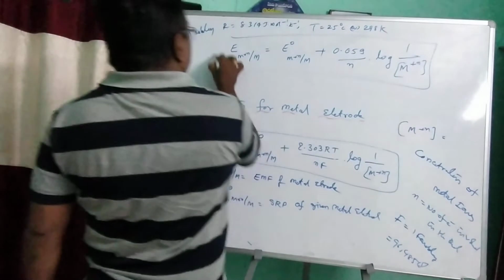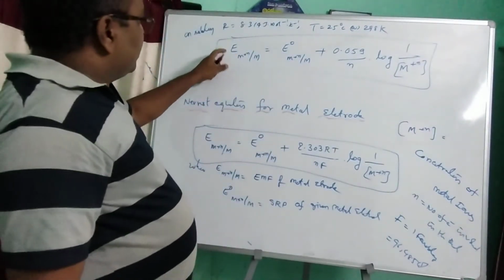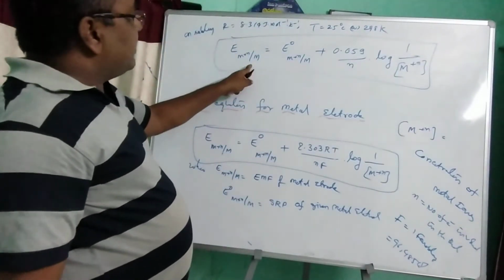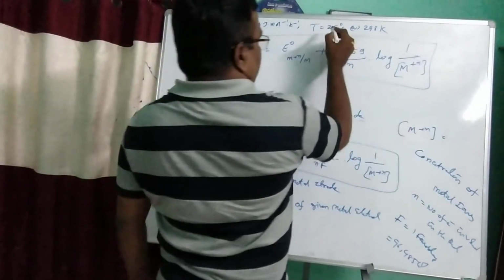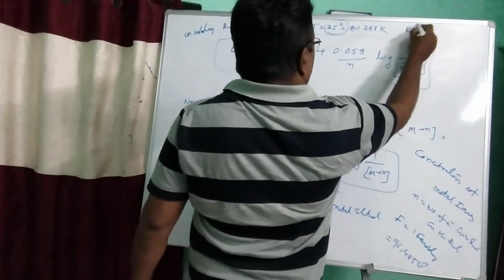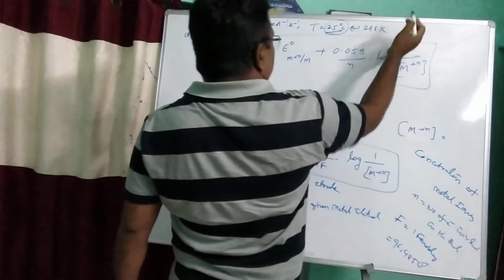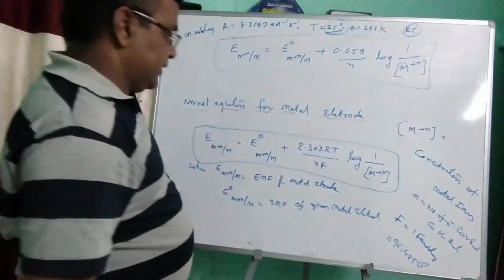This equation is used to calculate the EMF of the metal electrode at room temperature. Our room temperature is 25 degrees centigrade or 298 Kelvin.